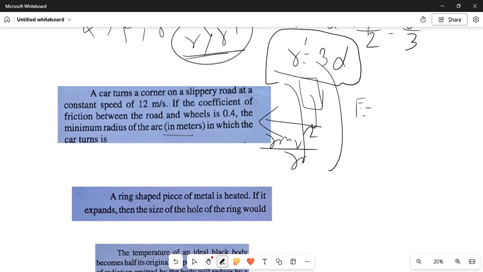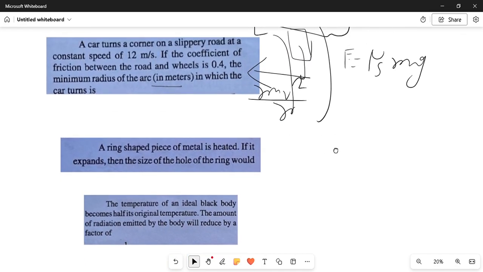The frictional force between the tires and the road is F equals mu mg, where mu is the coefficient of friction, 0.4, m is the mass of the car and g is the gravitational acceleration. We know that the condition for not skidding is that the centripetal force is always less than or equal to the maximum frictional force between the tires and the road.